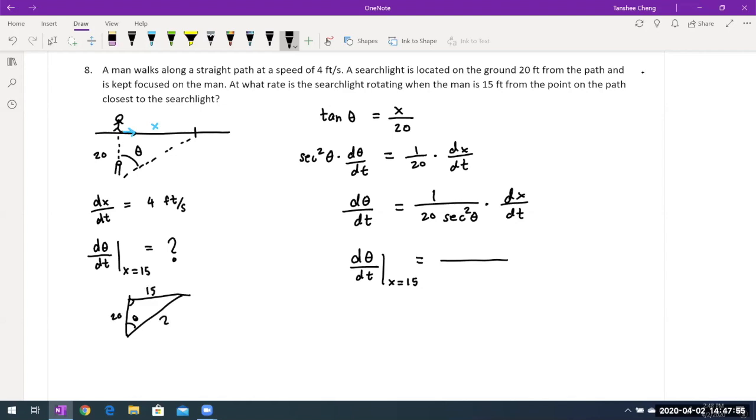I need to find this value so that I can use the ratio to find the secant of theta. So 20 squared plus 15 squared must be equal to z squared. So what is my z? Once you have that, you have all the information to finish this example. Are there any other questions before we move on?